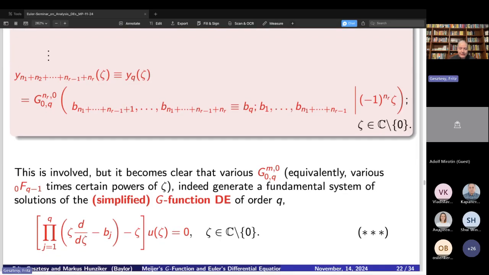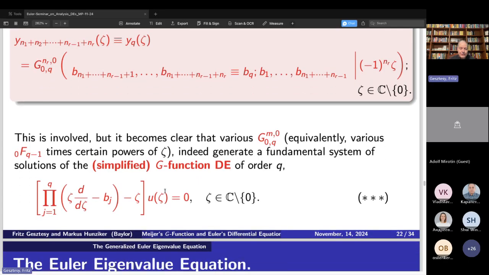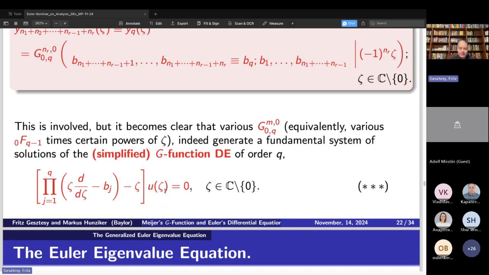So you get various f's, or in this case g's, and in case of f's, you get f's times powers of zeta and powers of logarithms. All right, so this is the differential equation we are solving at the moment.